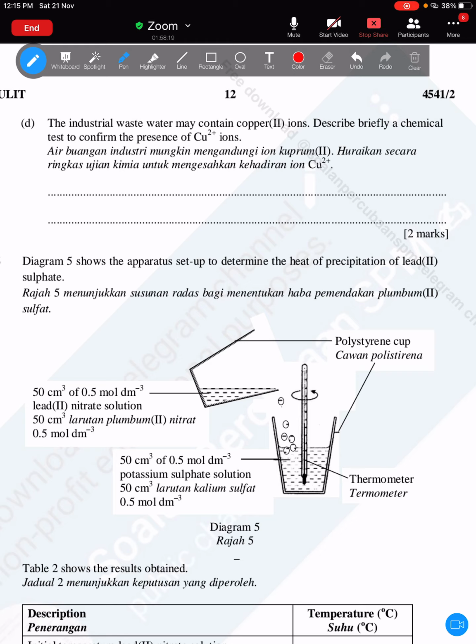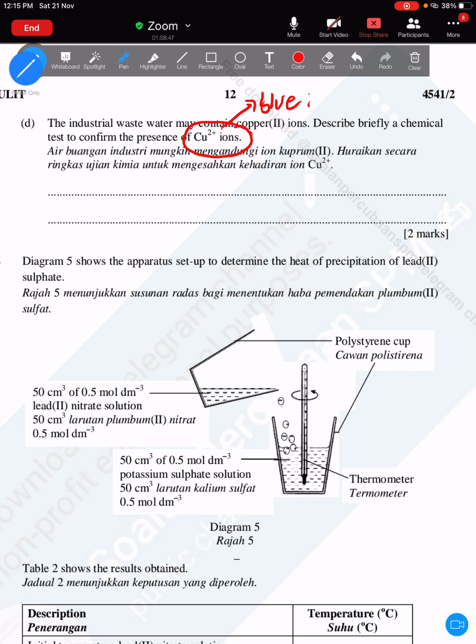Easy, okay, I take NaOH. What is so important about Cu2+? Wonderful thing about Cu2+: it appears in color. The color will be blue, which makes our explanation much easier, especially for the observation.